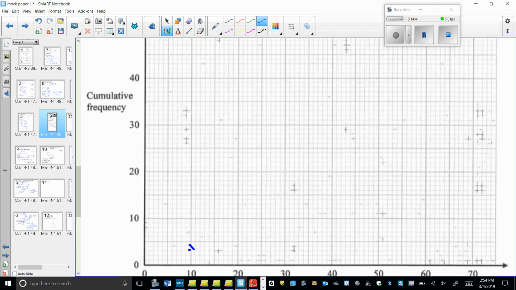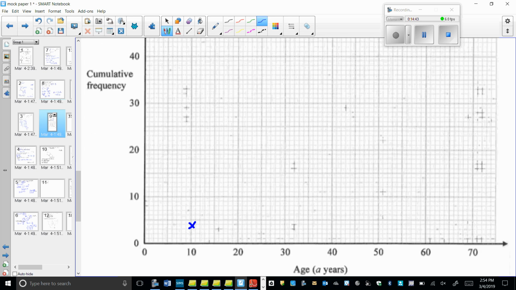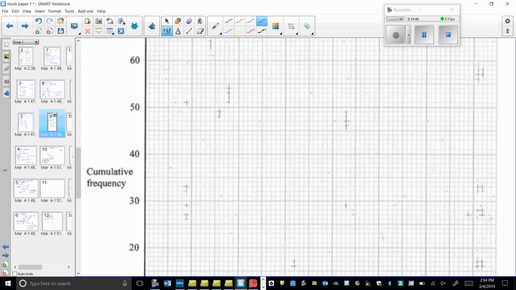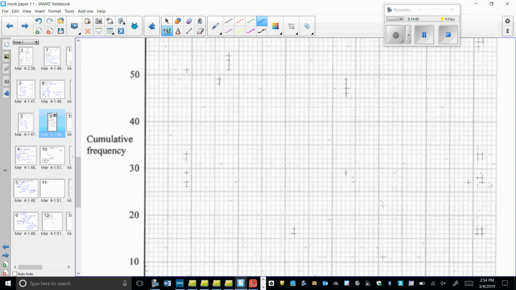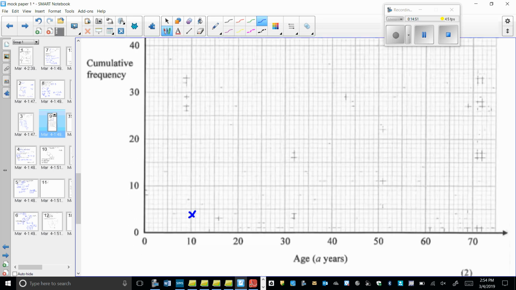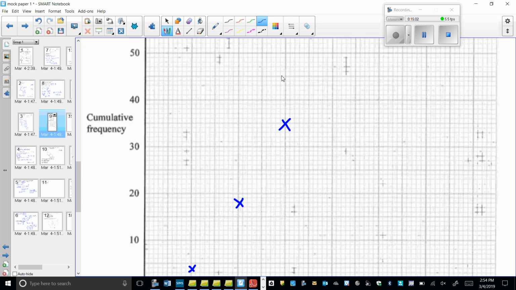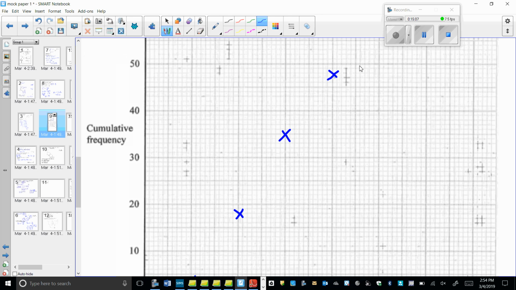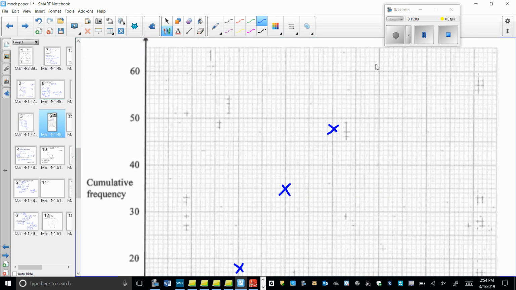Looking at the scale, that would be there. 20 and 18. 30 and 35. 40, 48. 50, 55. 55, 58, and 60.